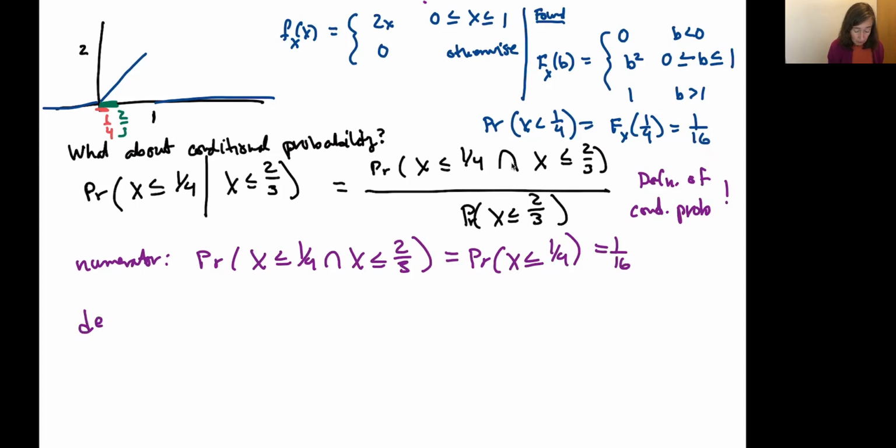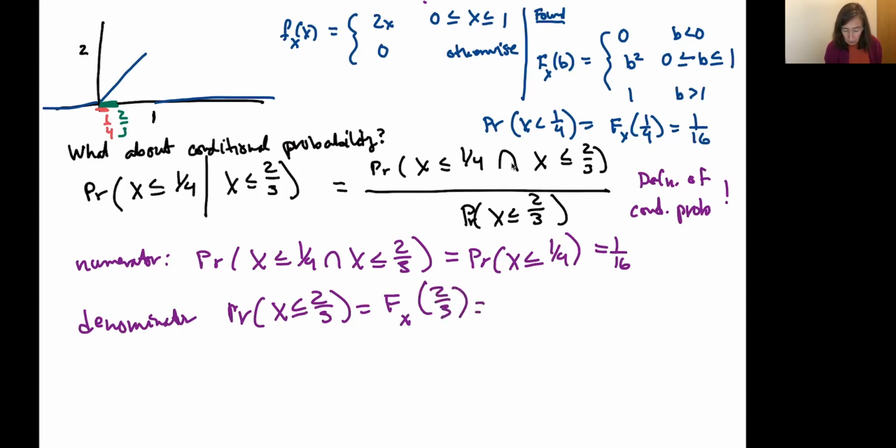And for the denominator, the probability that X is less than or equal to 2/3. Okay, we're just going to use the CDF. We're just going to plug in 2/3 right into that CDF. It is this CDF with B equals 2/3 here, and that is 2/3 squared. That is 4/9.